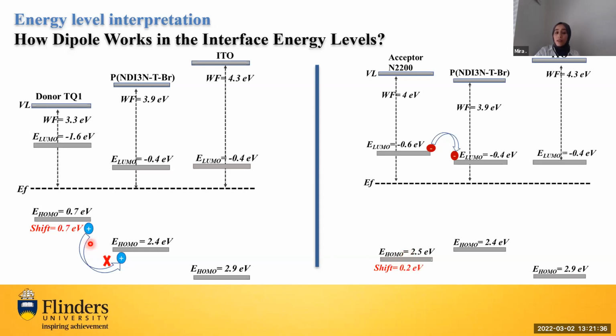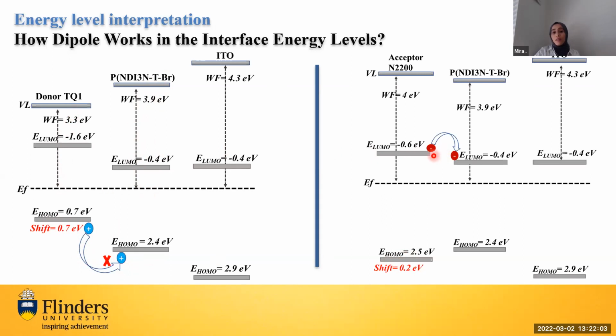As a result of this shift, the position of the HOMO level is now far from the HOMO of P11. In this case, the hole can be blocked from TQ1 to P11, and this is favorable, and this is what we want, because TQ1 works as a hole blocker.